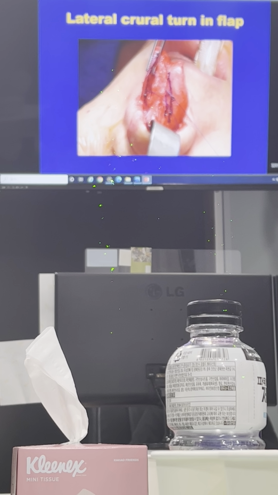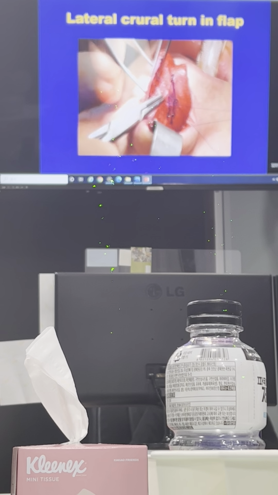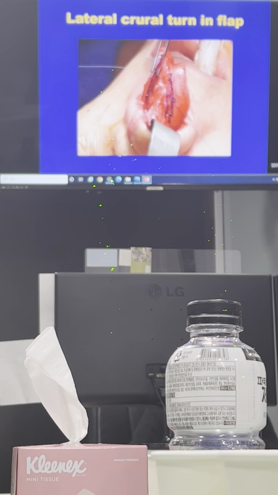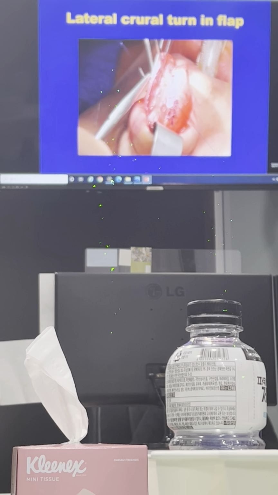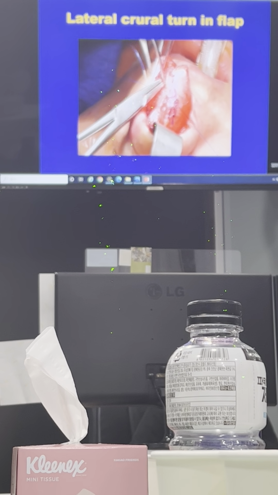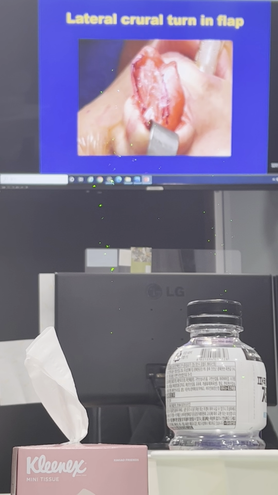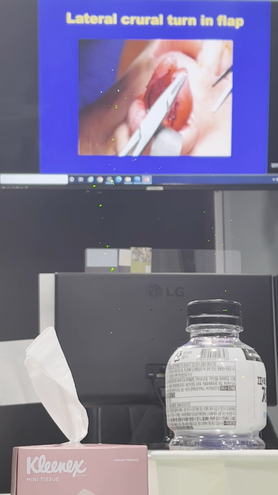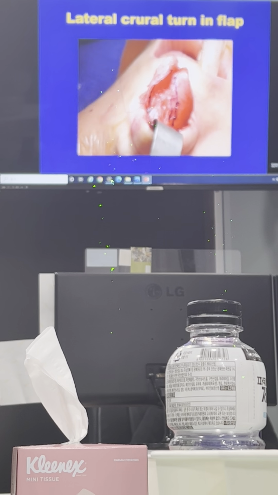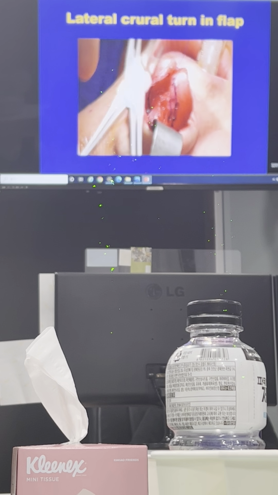This is one of my preferred techniques for control of the lower lateral cartilage. I use this technique many times for the correction of ala deformity.